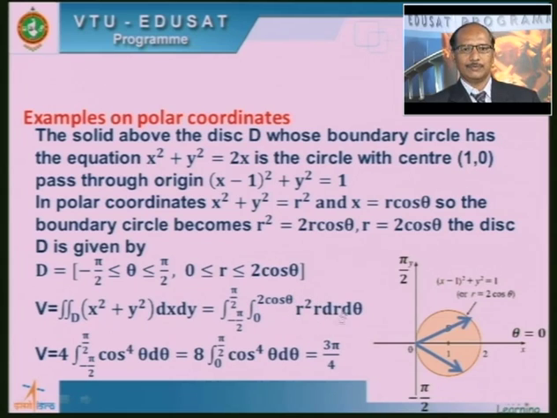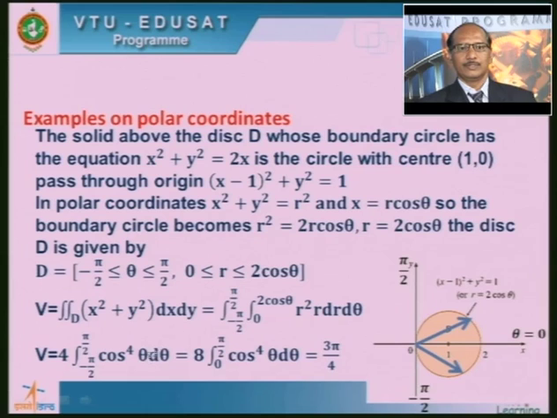So, r raised to 4, r is 2 cos theta, means 2 cos theta raised to 4. 2 raised to 4 is 16, divided by 4. So, the constant 4 is taken outside. Next, cos theta raised to 4 d theta. We have to integrate with respect to theta. Now, we can change this minus pi by 2 to plus pi by 2.